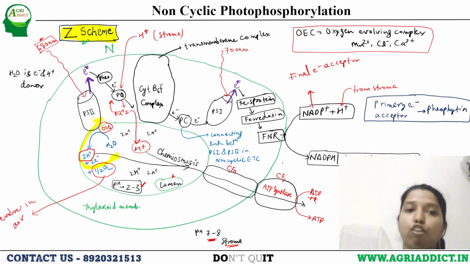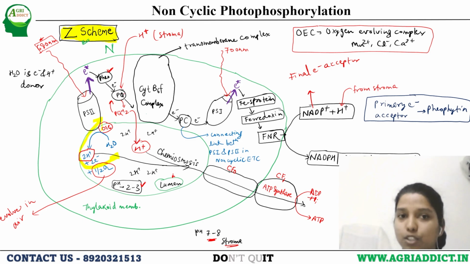Because it is getting energy, the magnesium will release an excited electron. This excited electron will first be accepted by this pheophytin. This is important. Now this electron will be transferred from pheophytin to plastoquinone.